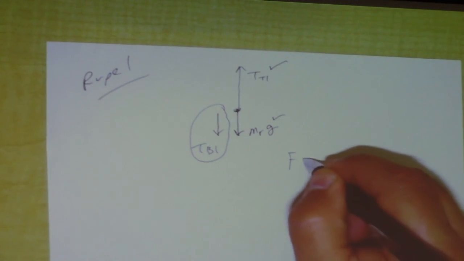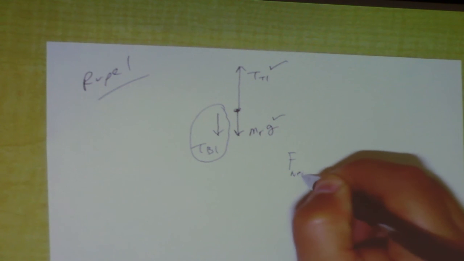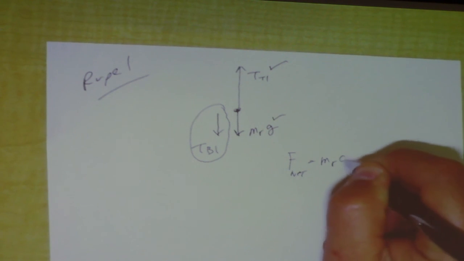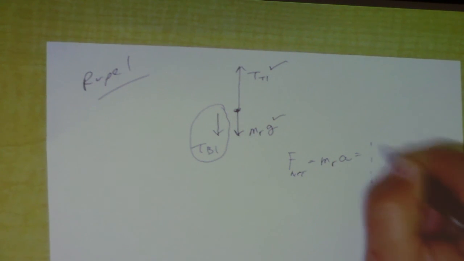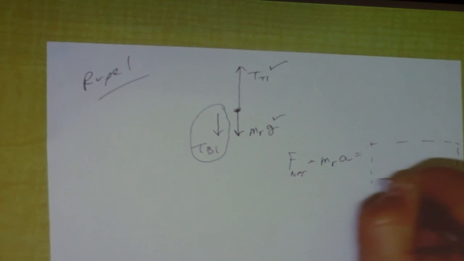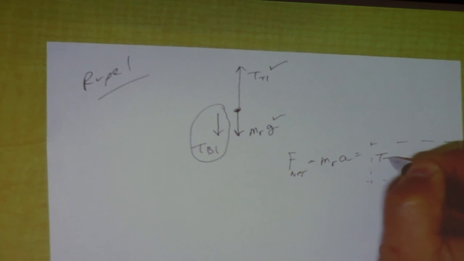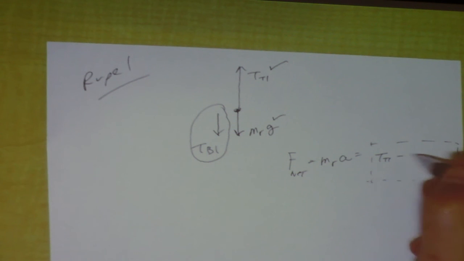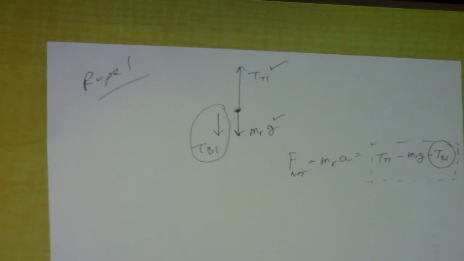So we can do the same thing. The net force, mass of the rope times A, and then we'll have to put this part together. So what's making it go up is this one. You'll have to subtract mass of the rope times G, and then tension at the bottom of 1. And then the only thing that you don't know is the tension at the bottom of 1.